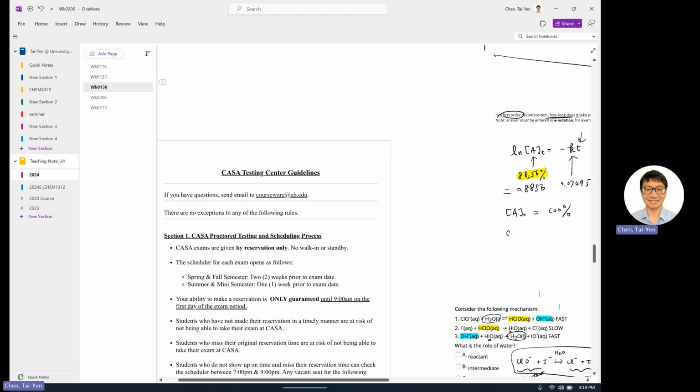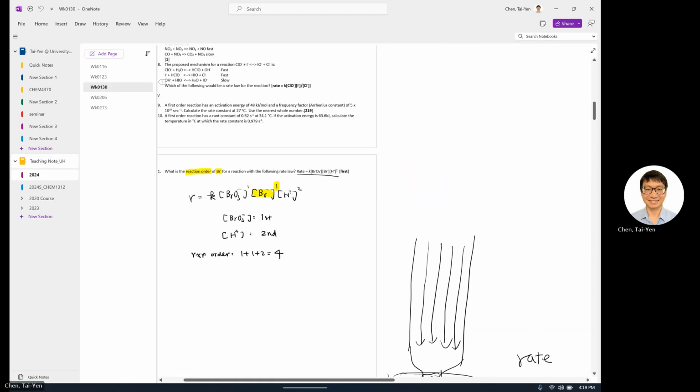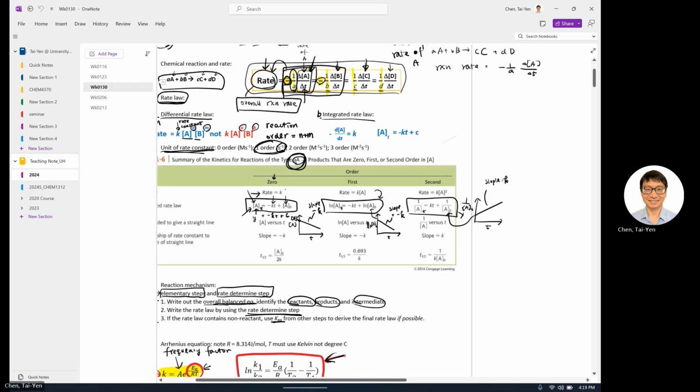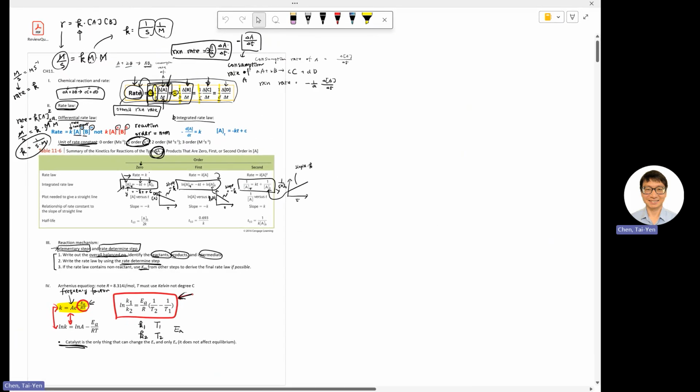I want to go to chapter 11. So this is our chapter 11 handout, right? And it says natural log k, so the y-axis is natural log k, the x-axis is 1/T.